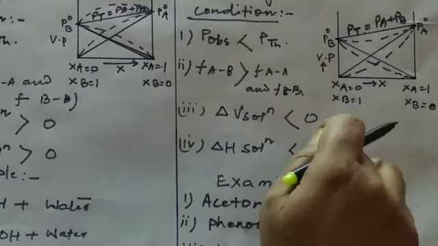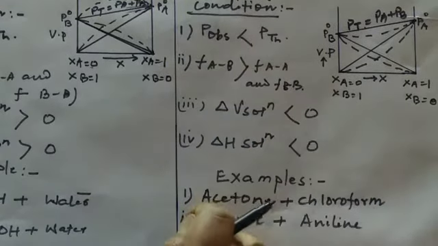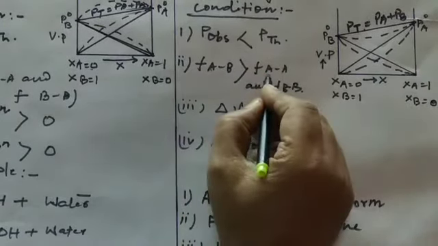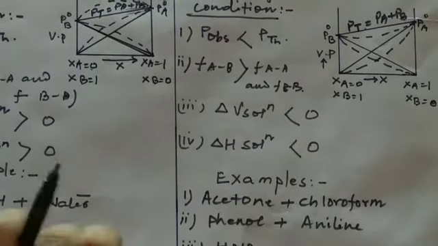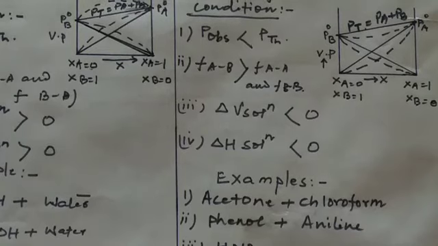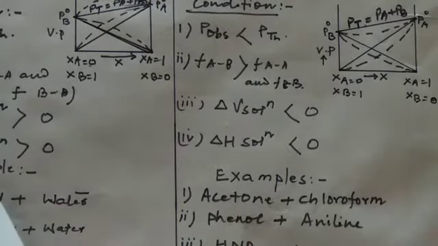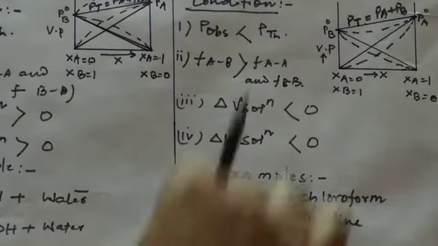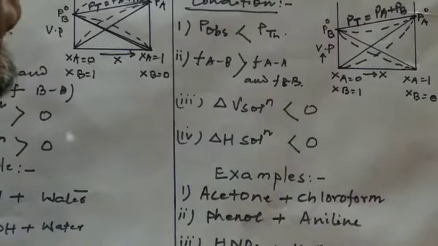That means it is exothermic. Delta V is also negative. That means, if 5 ml of A and 5 ml of B are mixed together, the total volume should have been 10 ml. But what you will observe is that the total volume in the container on mixing the two solutions reduces to 8 ml. So delta V mixing is less than 0.